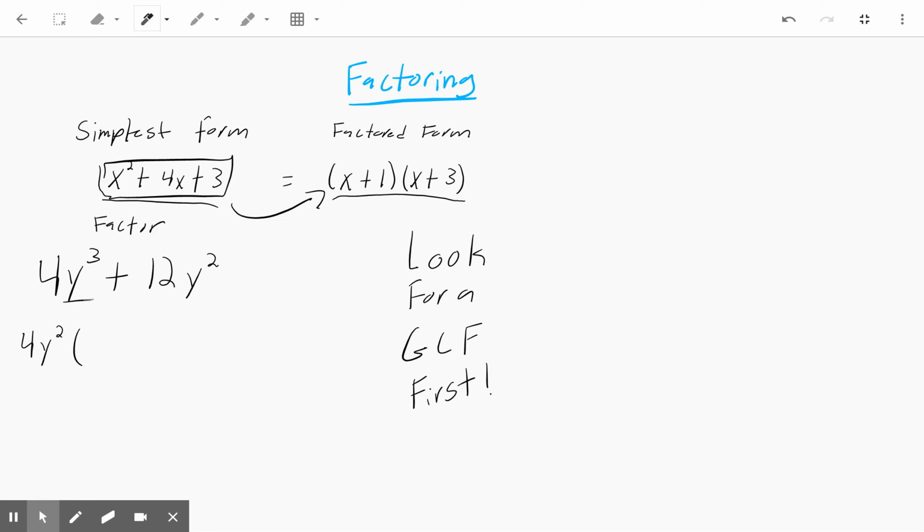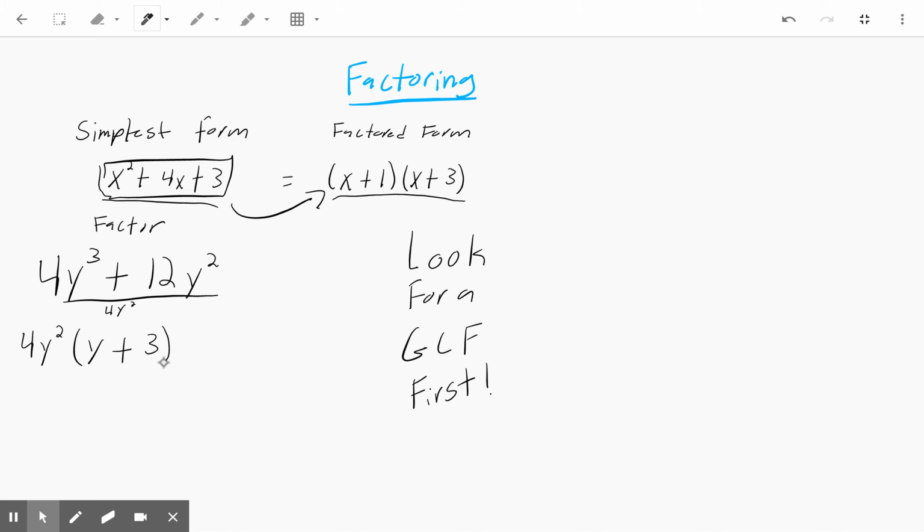If we were to divide both these by 4y squared, we would end up with what here? Just a y. The 4's we cancel, and we use the subtraction or the division rule. So you end up with a y there, plus if we take a 4 out of that 12, we end up with just a 3. And the y squared, they canceled.